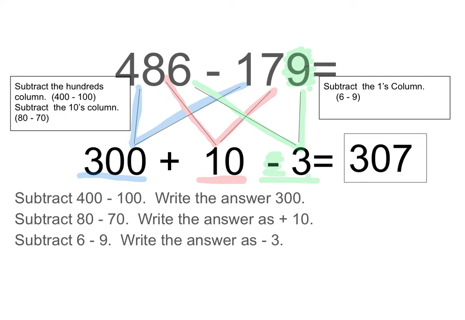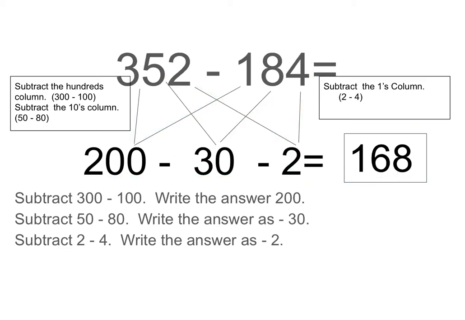You're going to combine your parts together. So 300 plus 10 is 310, minus 3 is 307. Again, you're going to put your hundreds minus your hundreds, your tens minus your tens, your ones minus your ones.